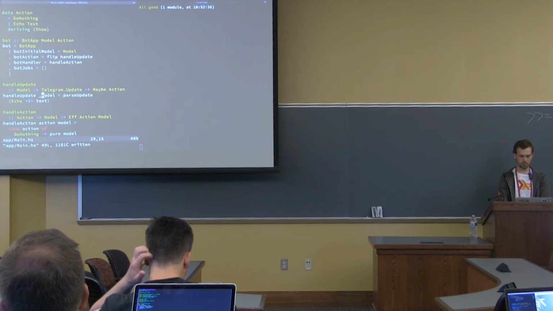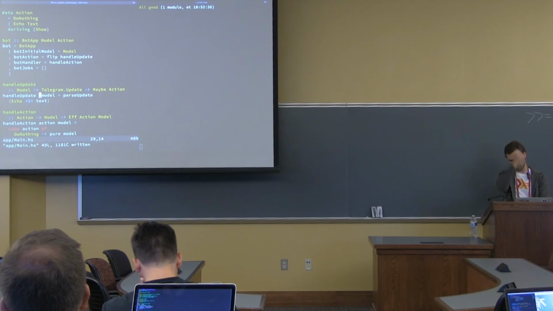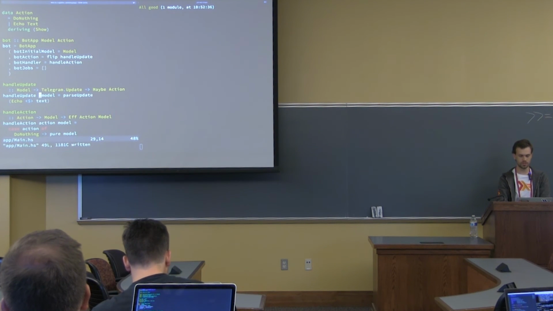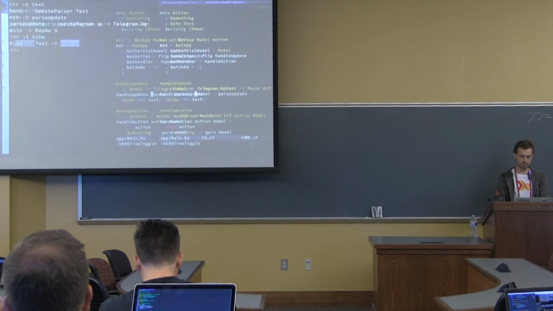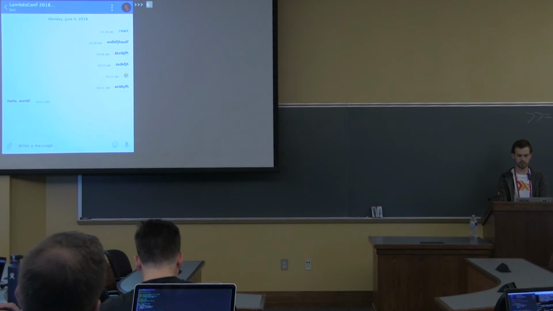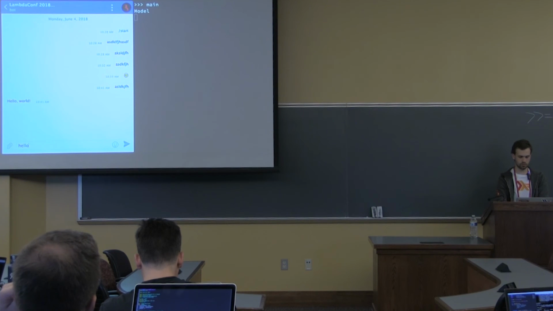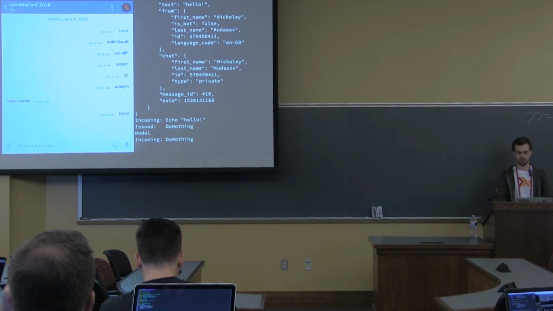Okay. So the model we are going to ignore, I think, throughout the talk. So I'll just put an underscore before the model so GHC does not issue a warning for that. Okay, so let's go and check if this actually works. It does compile, but does it work? So we run this, we run hello. The update is coming, and the hello is back.